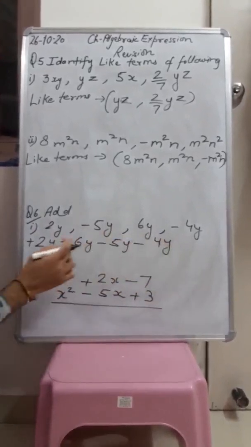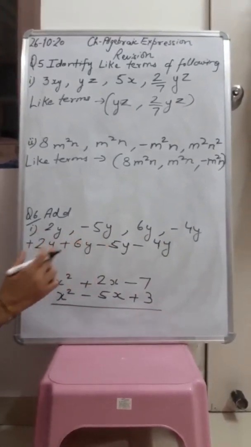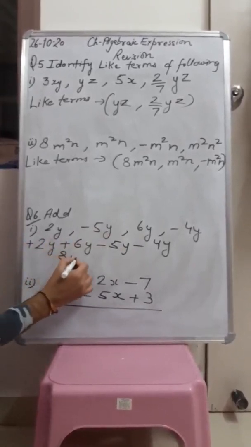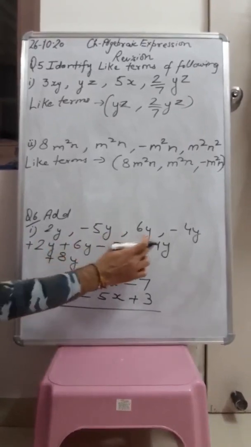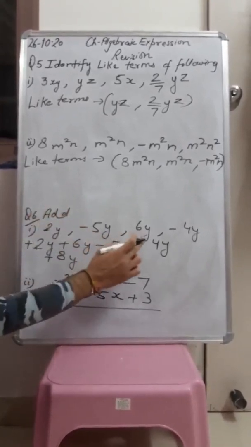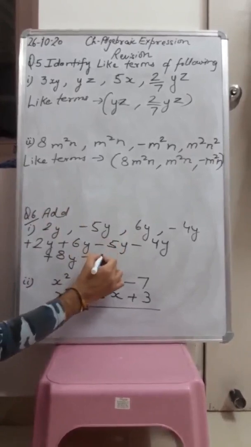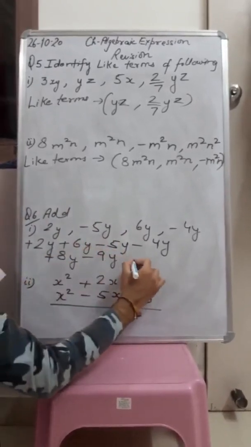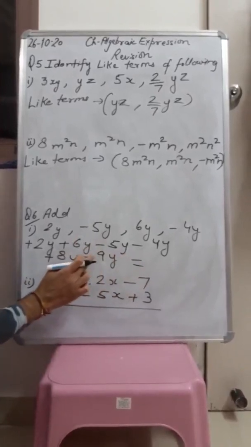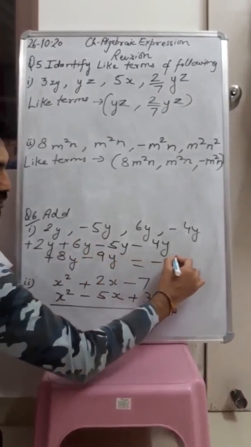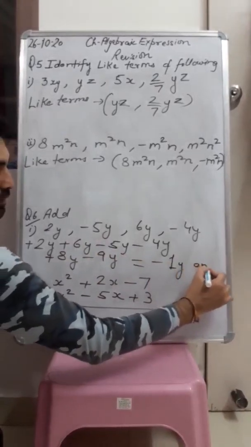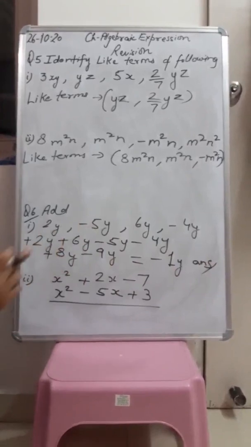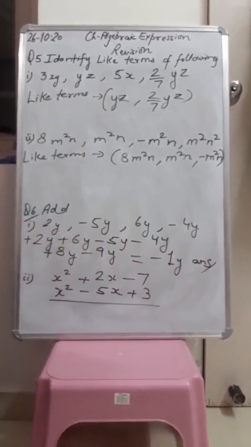Plus 2 plus 6 gives you plus 8y, and minus 5 minus 4 becomes minus 9y. So plus 8y minus 9y. The greater is in minus, so the final answer will be minus 1y. In this way we can add or subtract like terms.